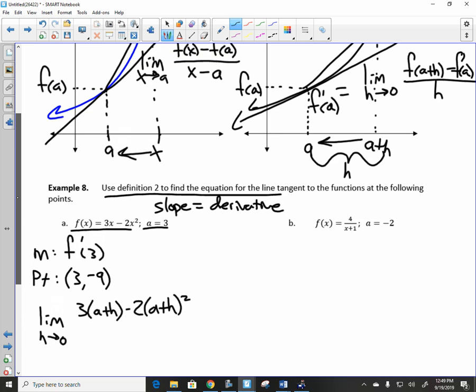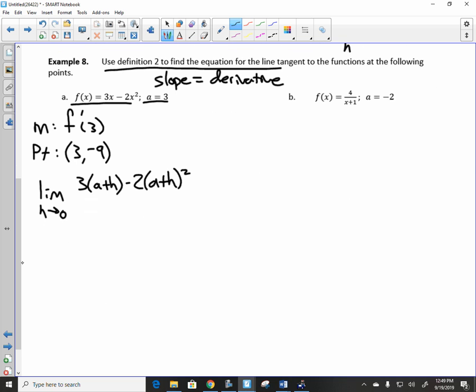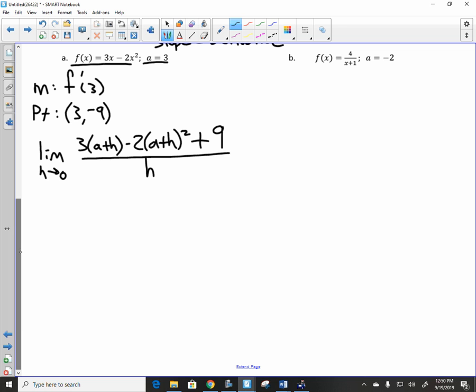Now what? Minus what? What is f of a? What is f of 3? So it's a plus 9 on the end here. All divided by h. You could try plugging in 0 right now. Do you know what you're going to get if you plug in 0? 0 over 0, just like always. So we have to make this thing work out here.